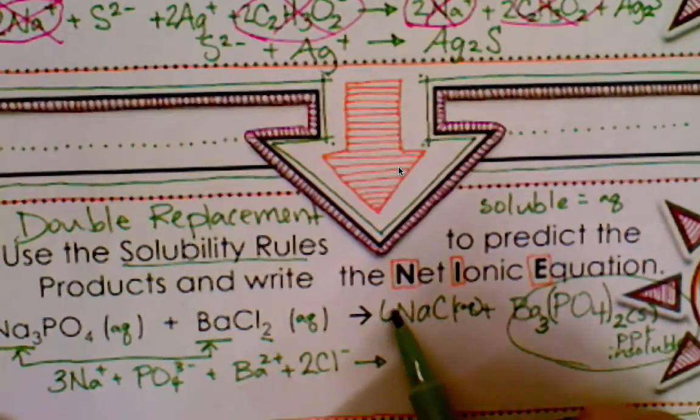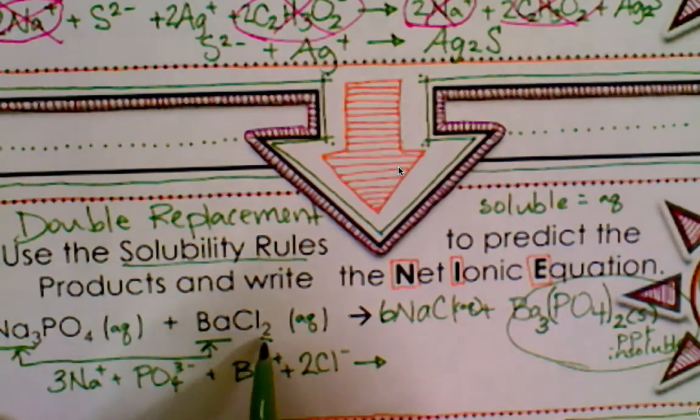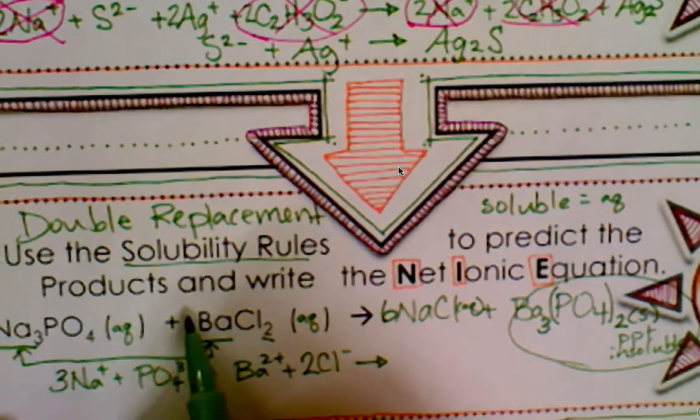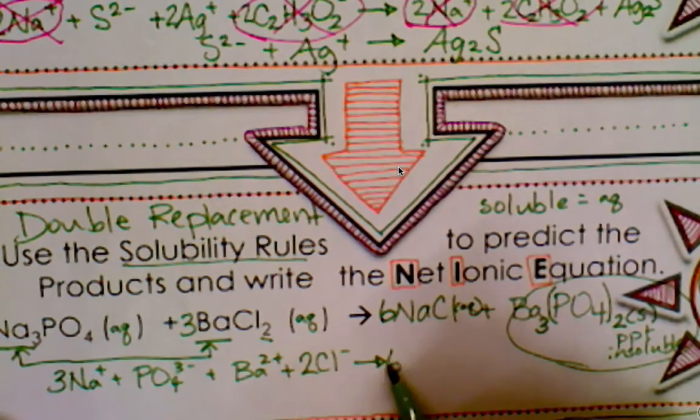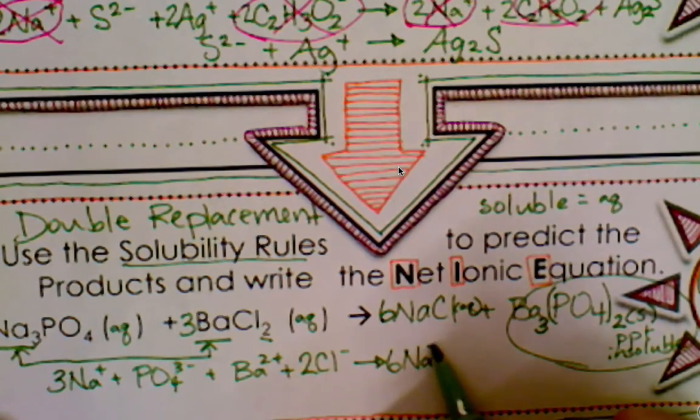Yikes. I need 6 here to match with a 3 and a 2, so put a 2 and a 3, and life is good. Okay, now it's balanced. Okay, back in business. So now I have 6 sodium ions, and I have 6 chloride ions because the 6 belongs to both of these.